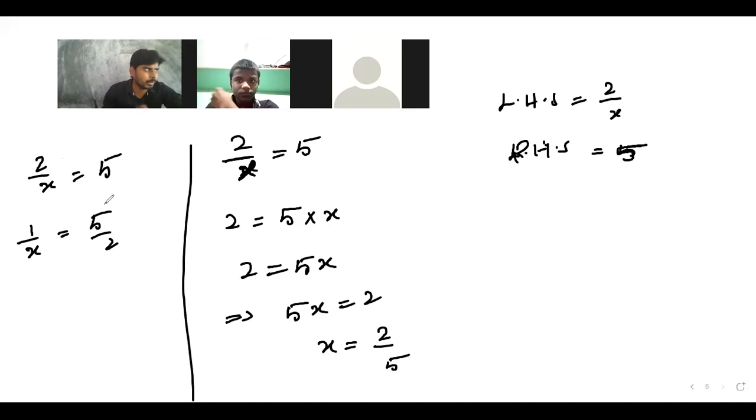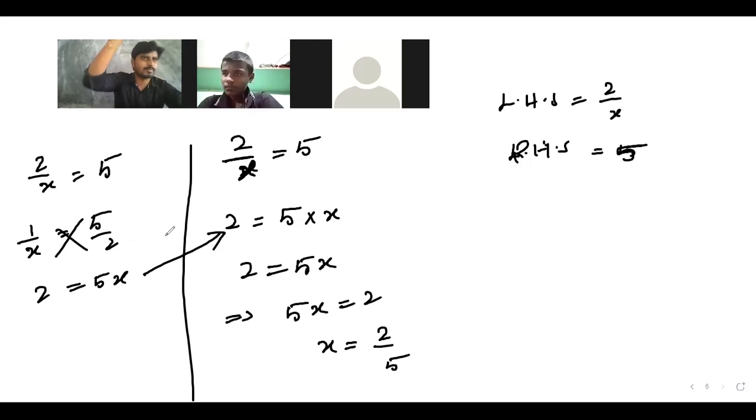Again we have to transpose, so again we take the cross multiplication: 2 into 5 into x. That is what I have written directly here. That is also not wrong. That is also true, but we shall make it smaller steps.